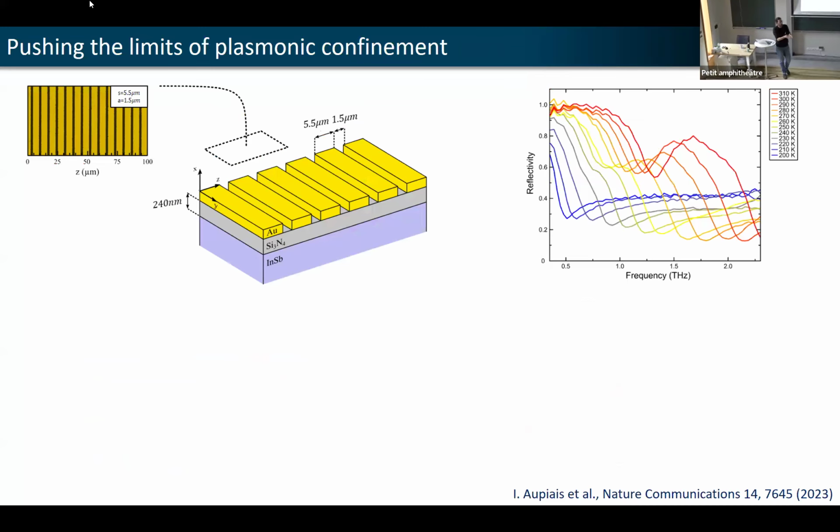So we went on to make very, very small cavities. These are our smallest cavities that still allow us to get a resonance that we can observe experimentally. In terms of numbers, a terahertz photon is typically 300 micron wavelength in free space.